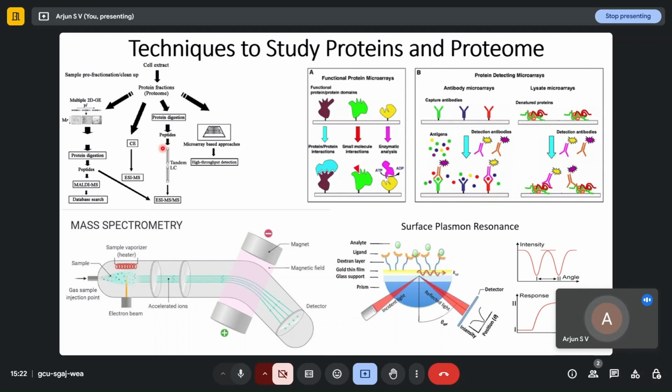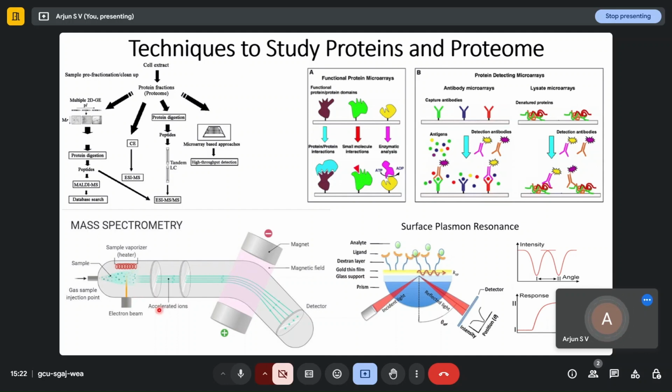And then we saw more about other techniques such as mass spectrometry, where mass spectrometry is used to study the mass of a certain peptide of our interest. We also saw how a mass spectrometer is divided into ionization technique as well as mass analyzer.